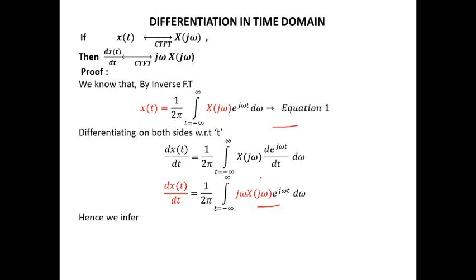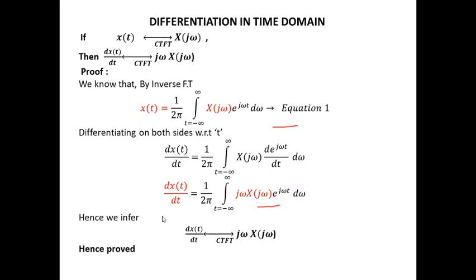When you compare, it is very much evident that if X of j omega is the Fourier transform of x of t, then j omega into X of j omega will be the Fourier transform of dx of t by dt, right? So this is the proof. We'll go on to the next property.